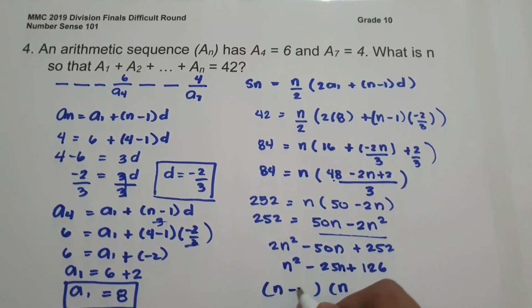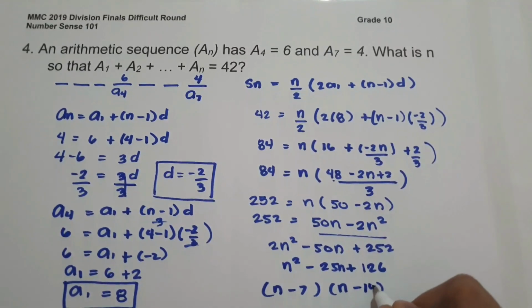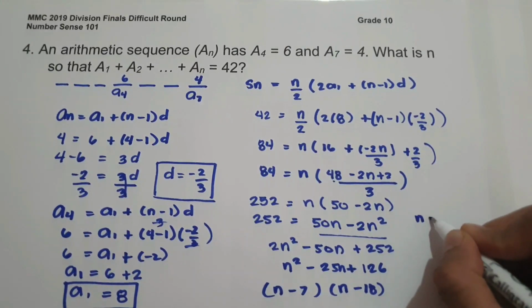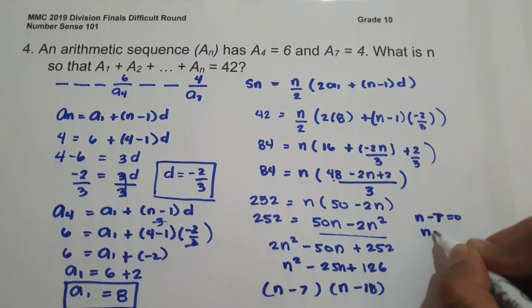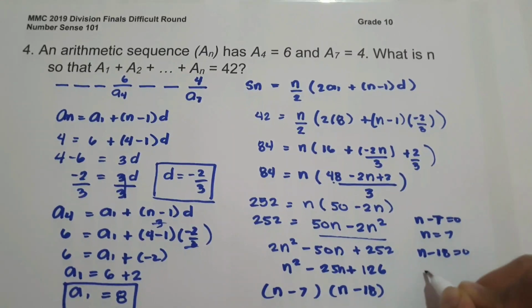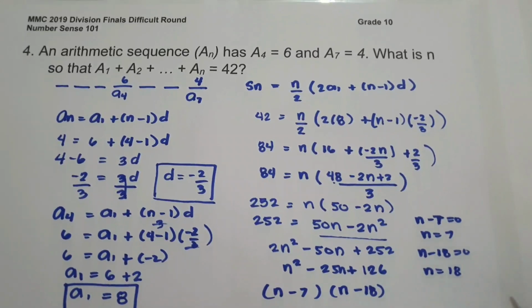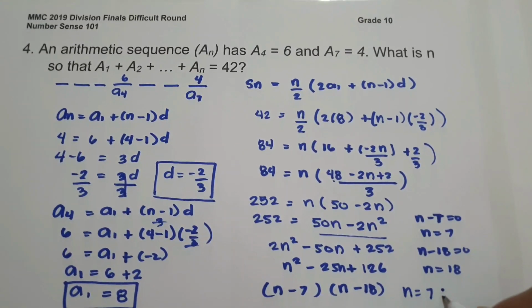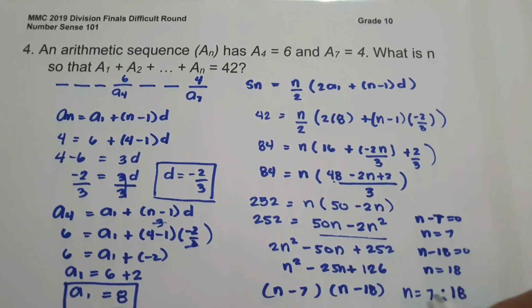So this will be negative 7 and negative 18. So let us equate to 0. So n minus 7 equals 0, so n is 7. And n minus 18 equals 0, so n is 18. So therefore, the value of n is 7 and 18. So this will be our answer.